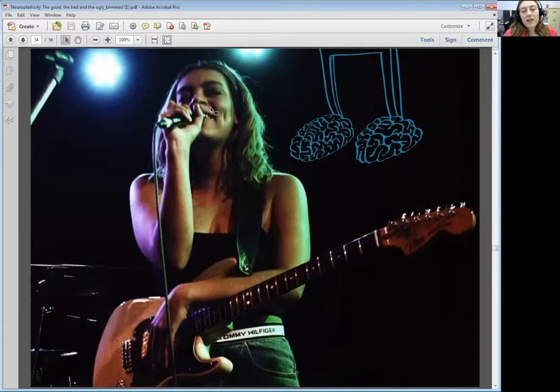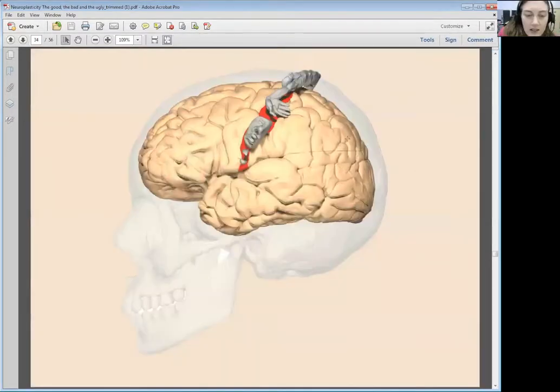For singers, it's areas of the brain related to the voice box and to the mouth. Musicians also have well-developed temporal areas, so areas of the brain devoted to hearing and interpreting sound. So in the brains of musicians, their hand areas take up quite a lot of space.